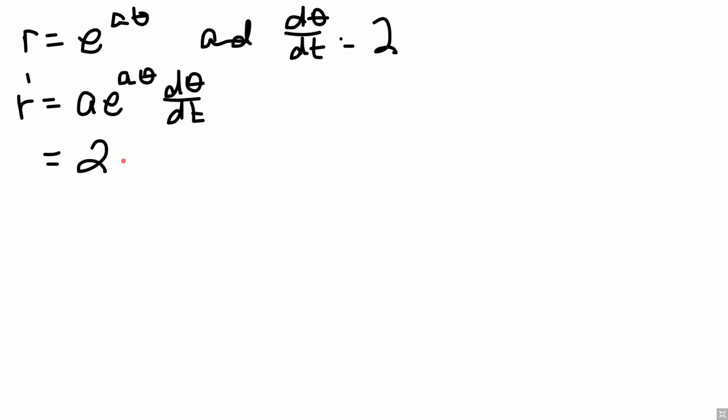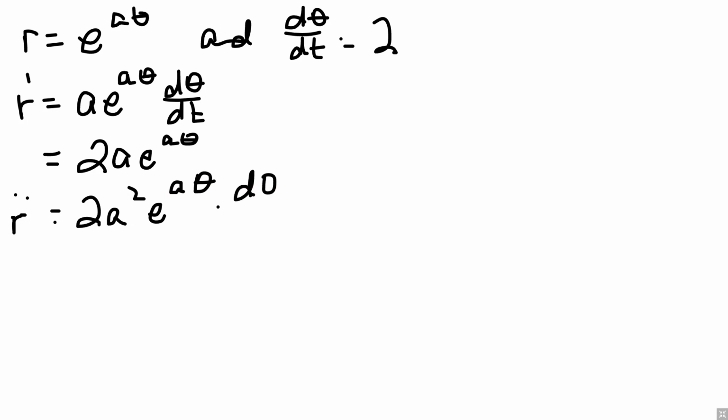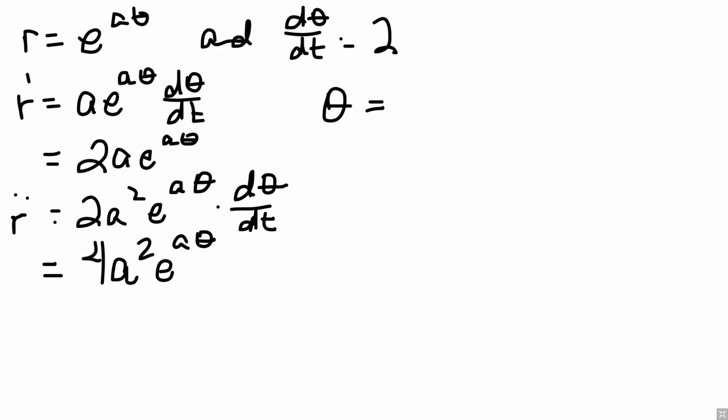So 2a e to the a theta. So r double dot would be 2a squared e to the a theta times d theta dt, or essentially 4a squared e to the a theta. All right, theta dot is 2, theta double dot is 0.